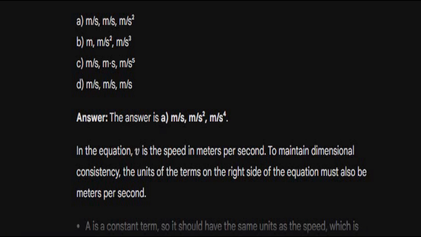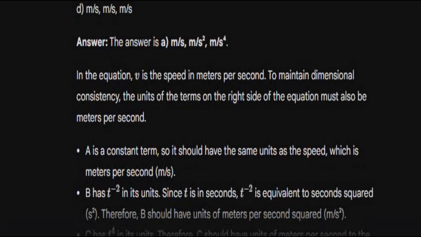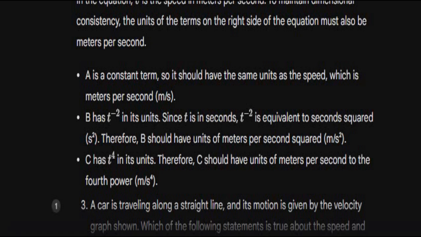In the equation, v is the speed in meters per second. To maintain dimensional consistency, the units of the terms on the right side of the equation must also be meters per second. A is a constant term, so it should have the same units as the speed, which is meters per second. B has t squared in its units.